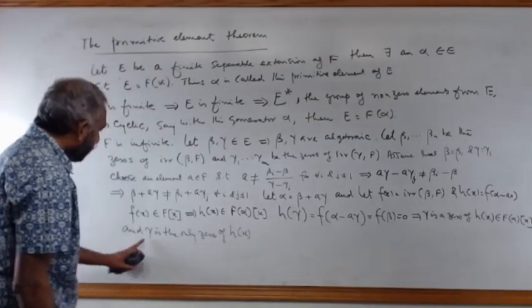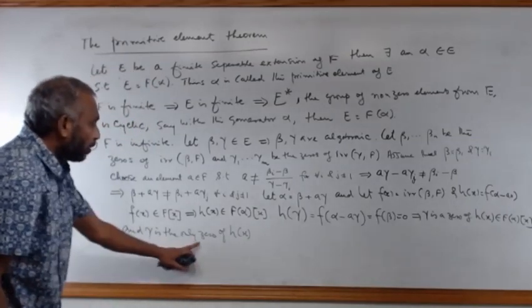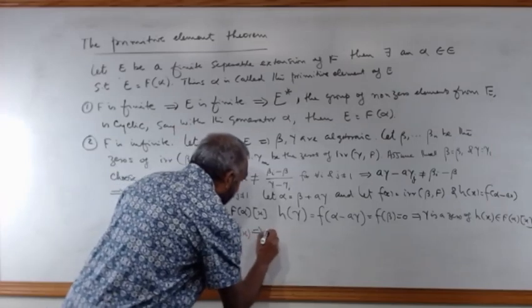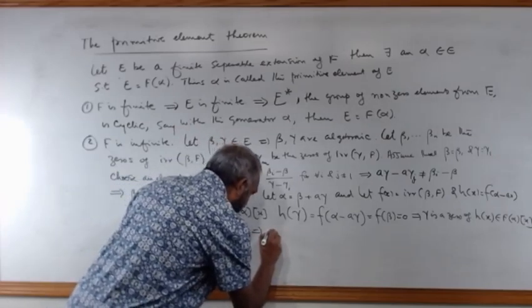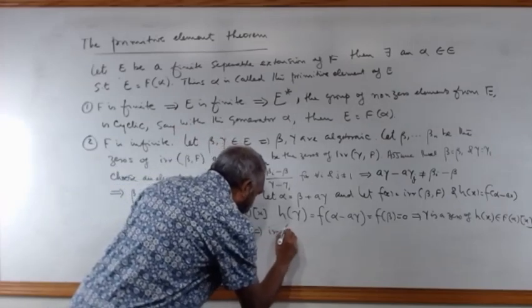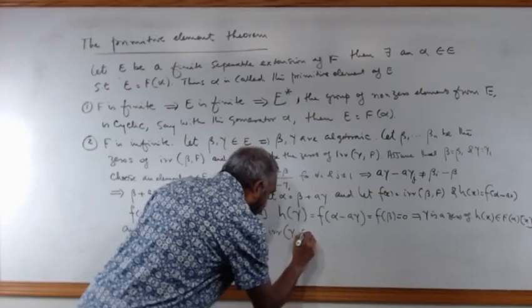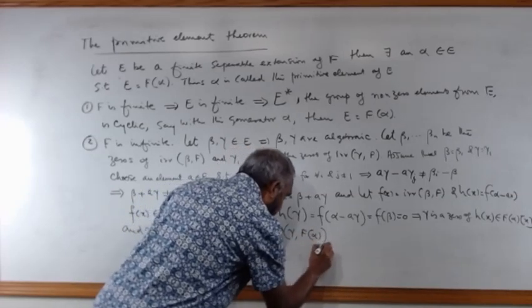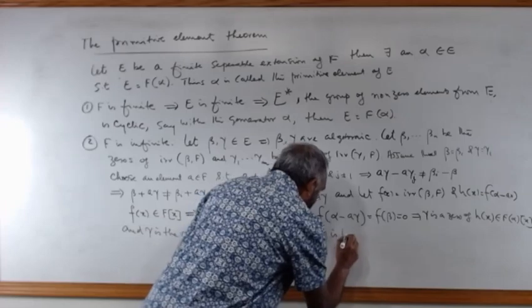So that means gamma is the only 0, that means the irreducible polynomial of gamma over f of alpha is linear.